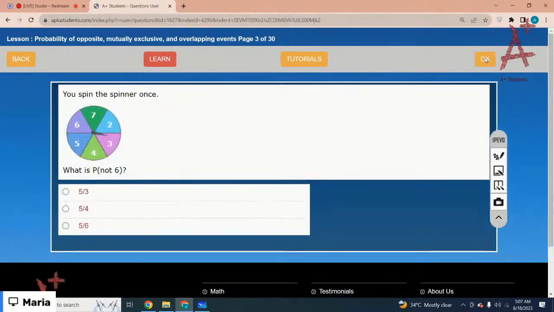You spin the spinner once. What is the probability of not 6? Which is the correct option?